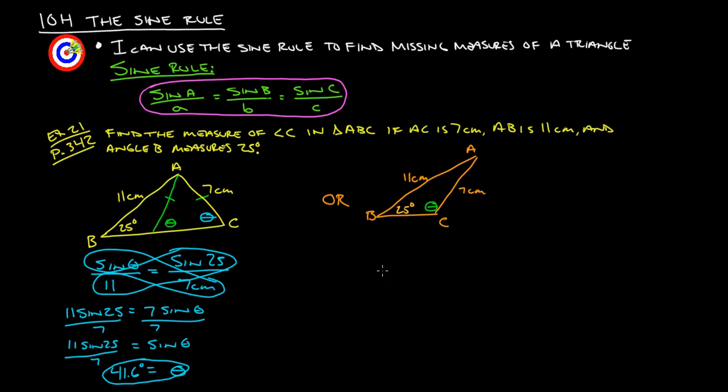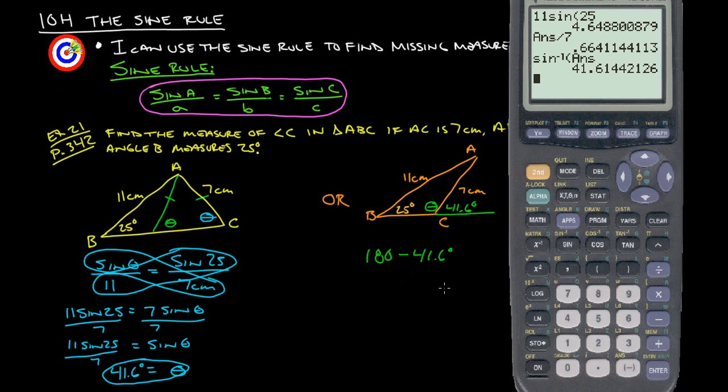Since we already figured out that this angle is 41.6 degrees, to figure out what this angle could be instead, we just take 180 minus 41.6 degrees. Let's figure that out: 180 minus 41.6 degrees gives us 138.4 degrees instead.